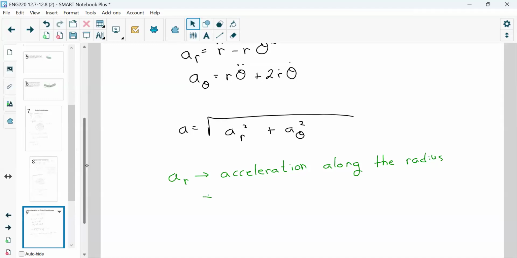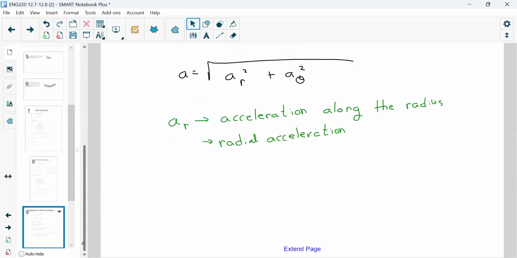It's also called radial acceleration. So if you see the term radial acceleration, that's what you are looking for. I don't have any notes about whether it's positive or negative as it goes to the axis. I don't think it matters.